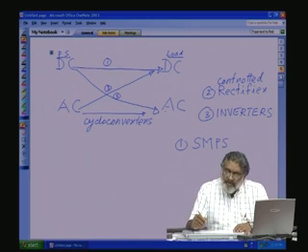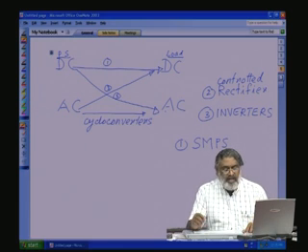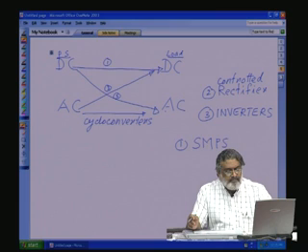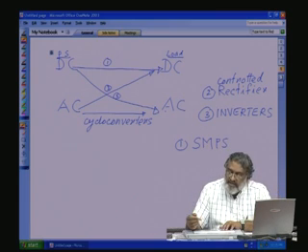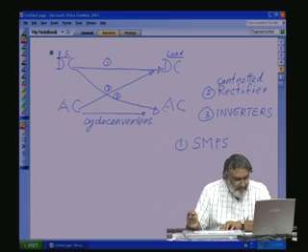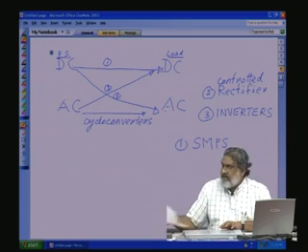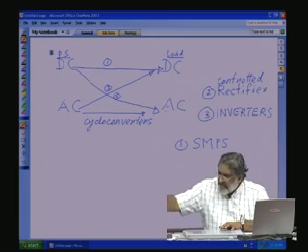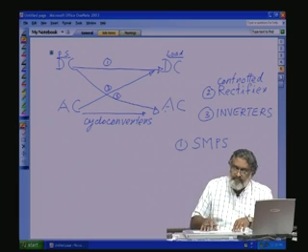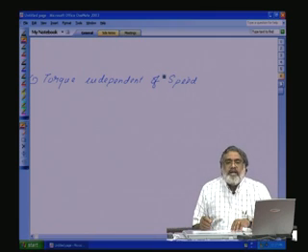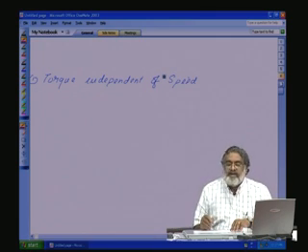Now, the basic load, that is the mechanical load, we can basically divide its torque speed characteristics into 4 basic categories. Let us take the torque speed characteristics of the load. 1. Torque independent of speed.